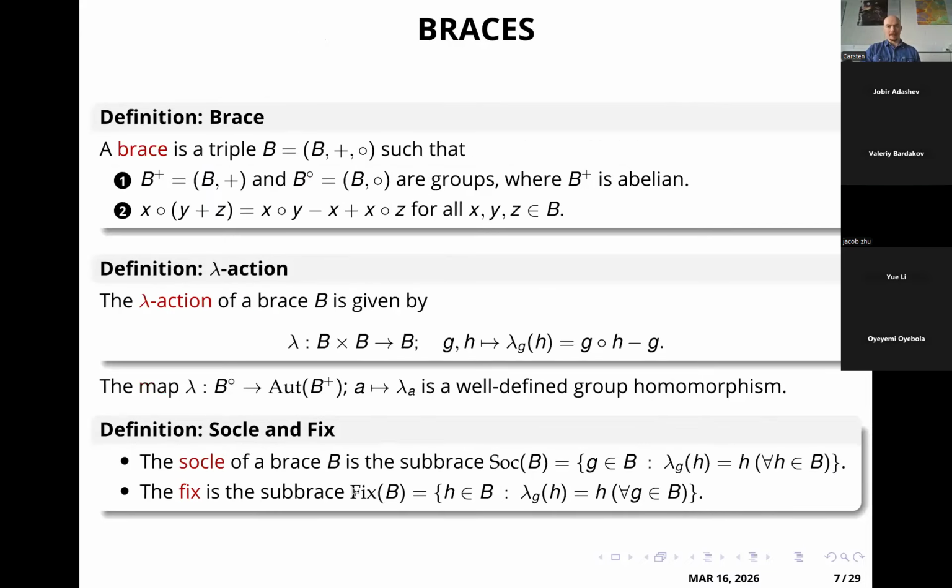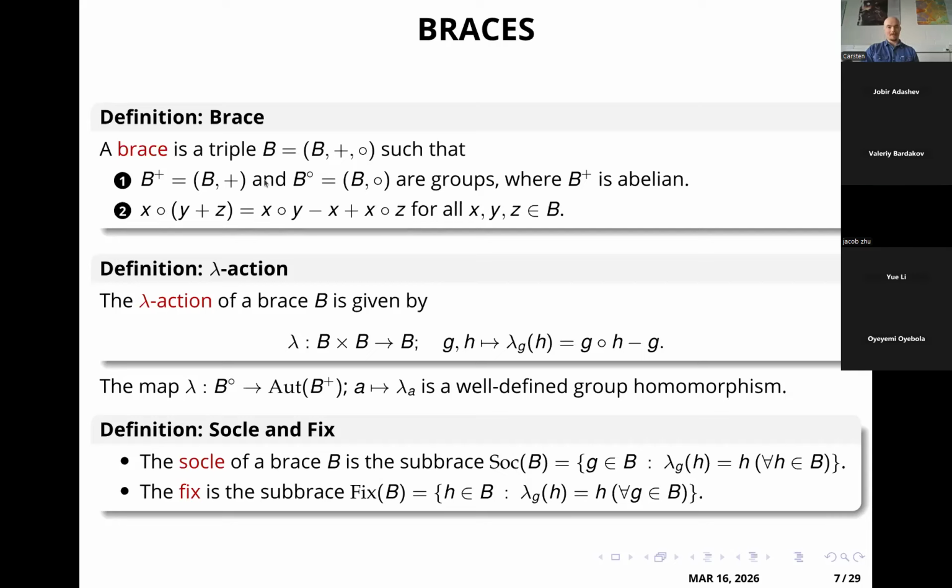And first of all, what is a brace at all? Well, a brace is simply a set with two group structures, plus and dot, or I also say plus and multiplication, such that the additive group structure is an abelian group structure. And furthermore, we have this kind of fake distributivity law.